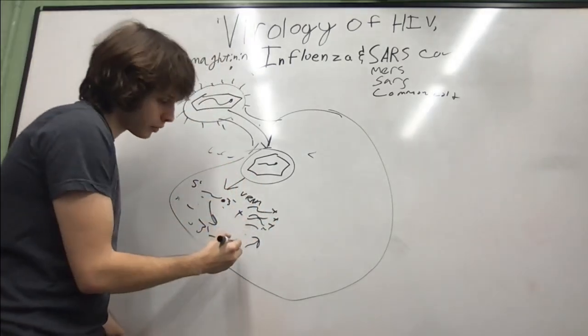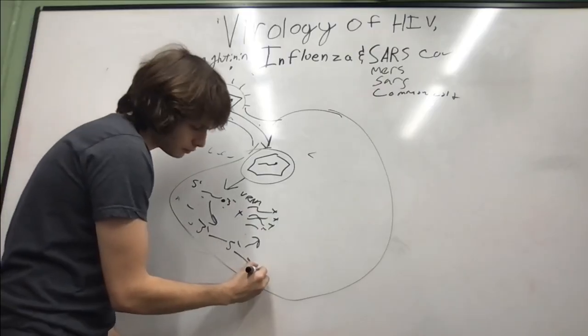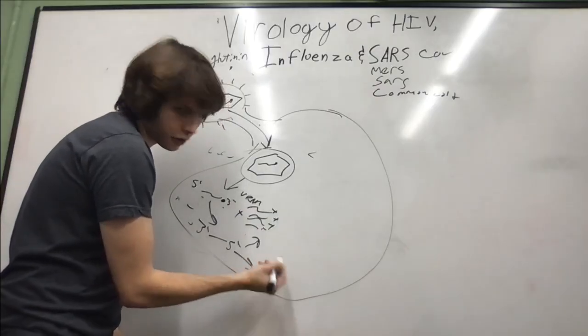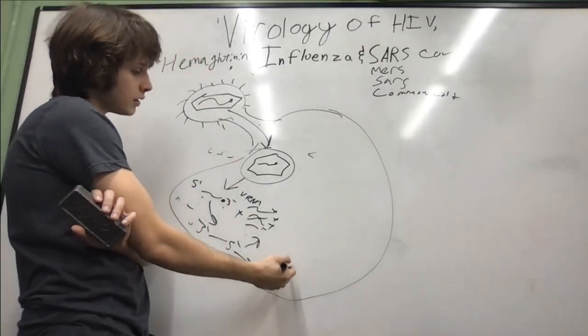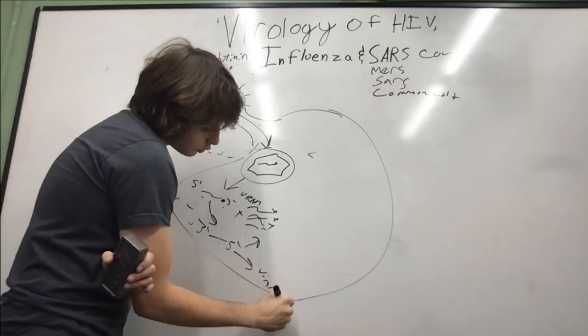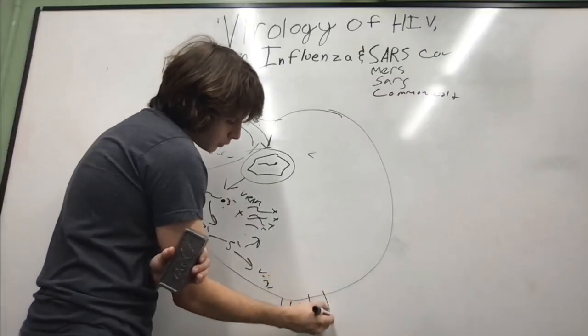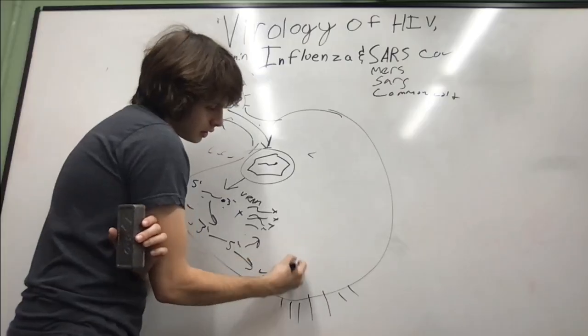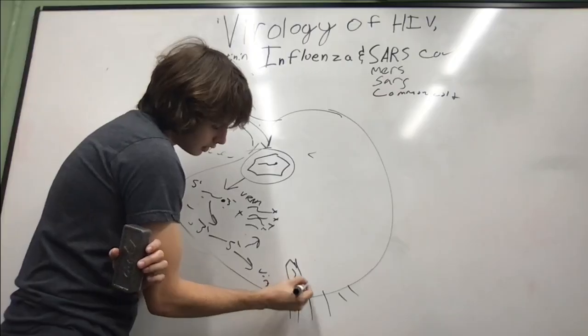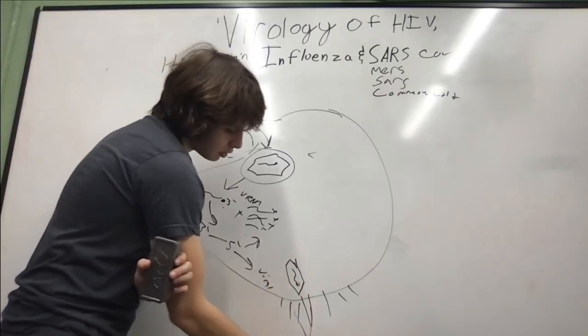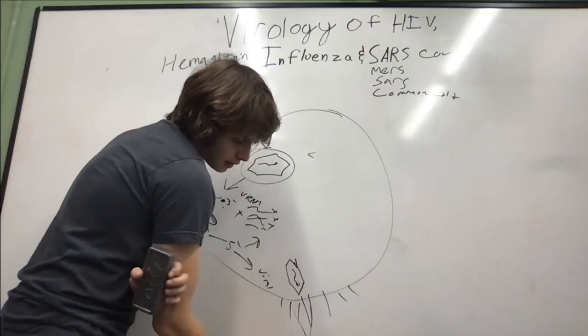It's also going to form your proteins, like your capsids and your nucleocapsids and all that. It's going to form the glycoproteins that line the cell. It's going to then bind to this. It can leave the cell as COVID.